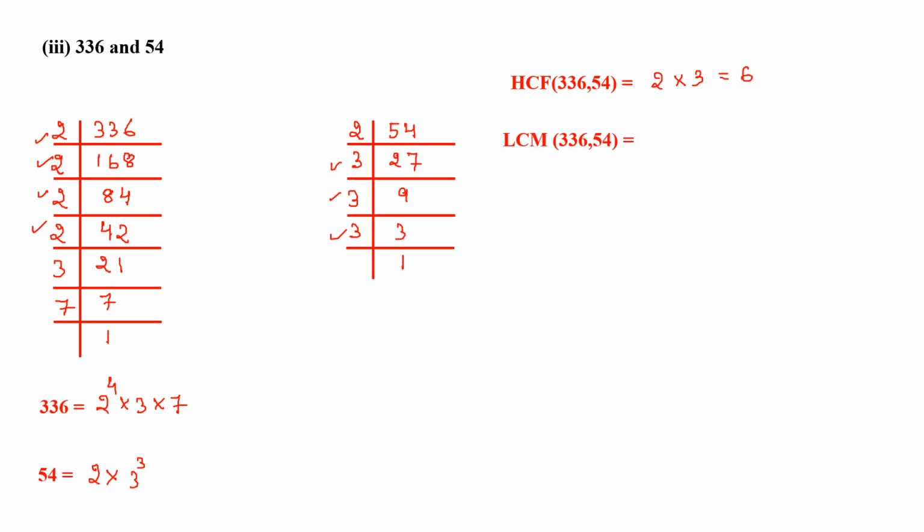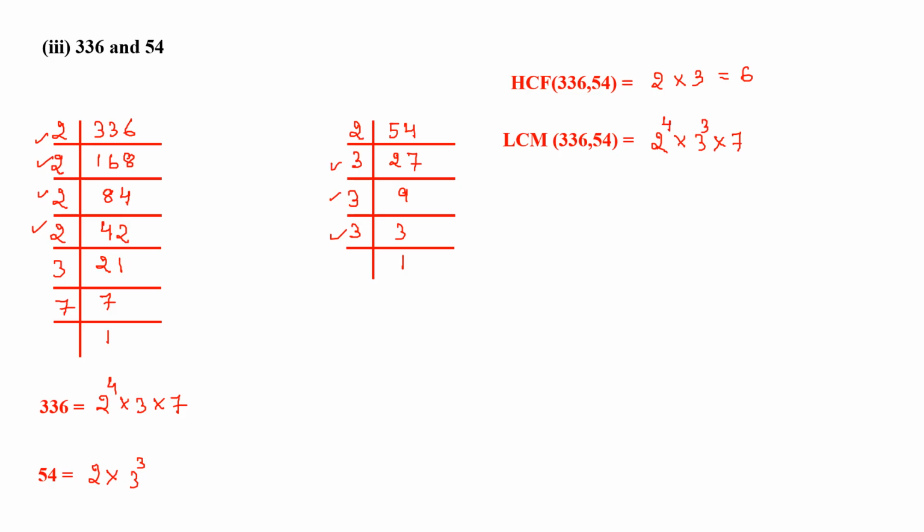Now let's find the LCM. LCM is the product of the greatest power of each prime factor. So first of all, if you see here, the prime factors which we have used in both the numbers are 2, 3 and 7. So first list out those numbers and it will be the product of those numbers. So 2 into 3 into 7. Now find out the greatest power of 2, which is 4.